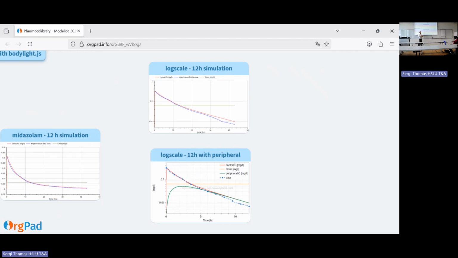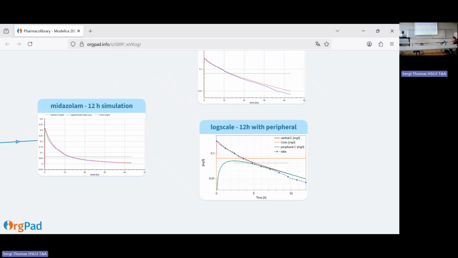The drug is dissolved in the peripheral compartment, and it behaves like a source of the drug. So the decline is not so deep like in the first part of the simulation. And here you have also the data from the experiments.